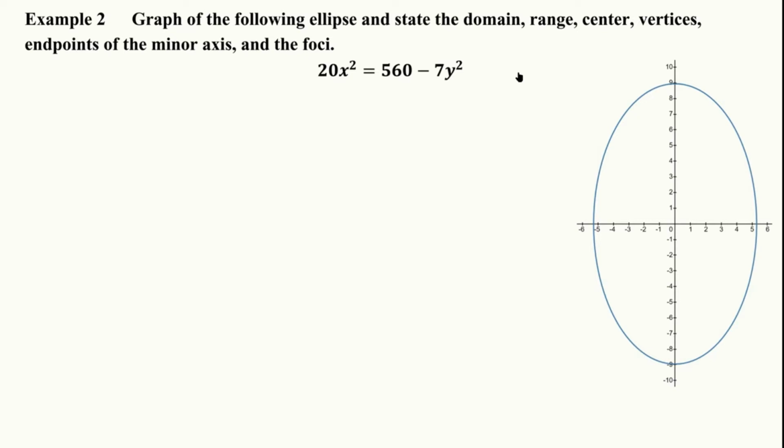So we're going to go ahead and move the x squared and y squared terms to one side. And since we know that we are going to want a 1 on this side, we're going to divide both sides by 560.